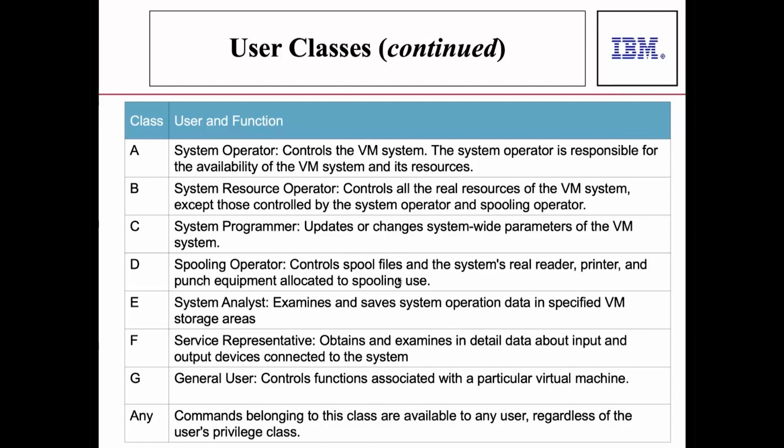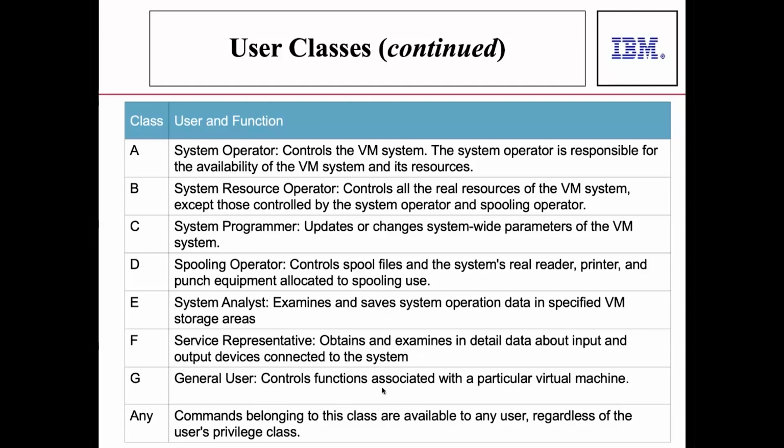We use the spooled area on the DASD so they can control those files. And if you had a real reader, printer, and punch, that's what they did, but you don't really see that anymore. Class E is a lesser version of Class C. There's a few things. Class F you don't see. That was really for an IBM rep that was looking at things about the system. You don't really see much associated with that.